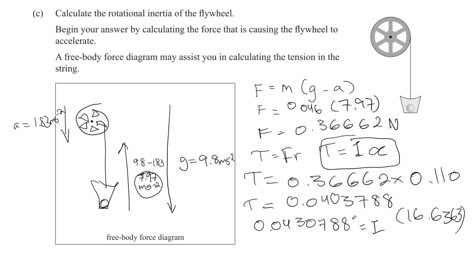The previous values that you find and use will always come in handy when solving. And now we have rotational inertia equals 0.00243.